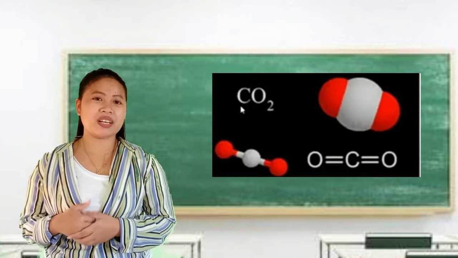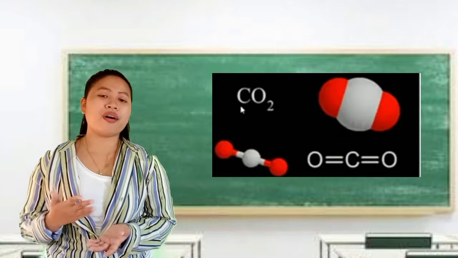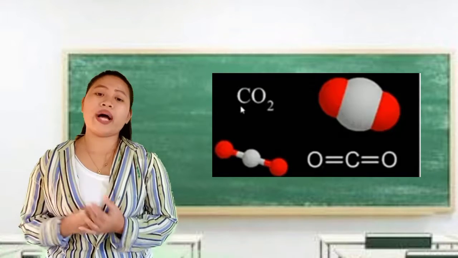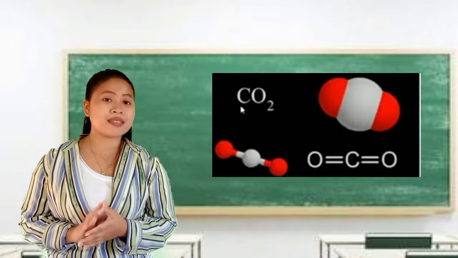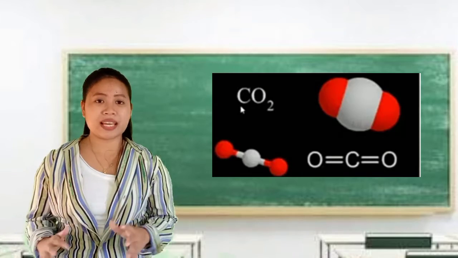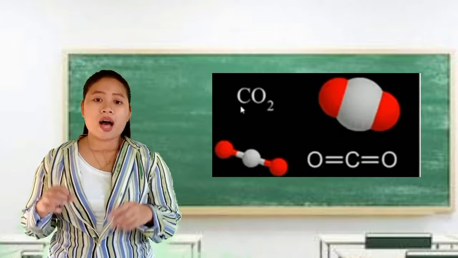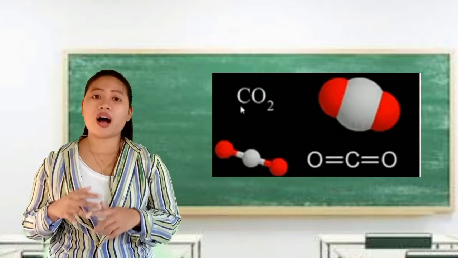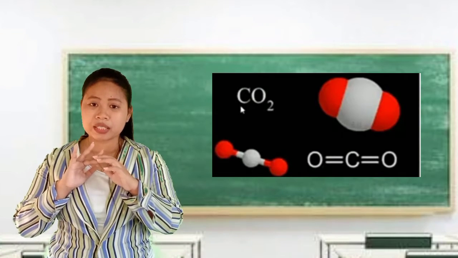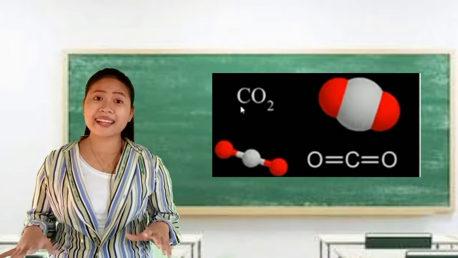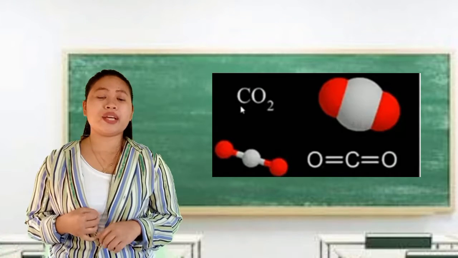In the second picture, the carbon dioxide, there is 1 carbon and 2 oxygen present, because in his postulate it is said that there is no 1/4 or 1/2 of atoms. It should be a whole number.